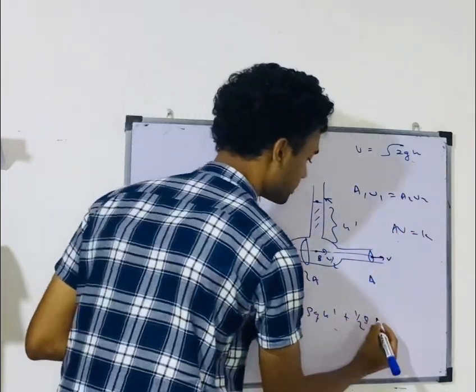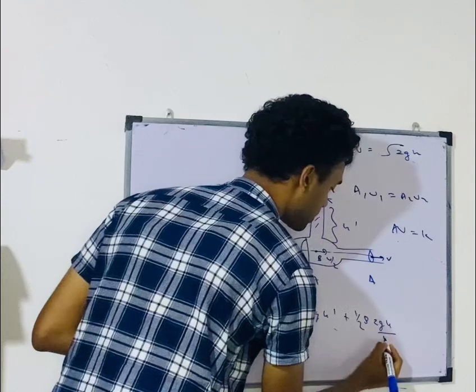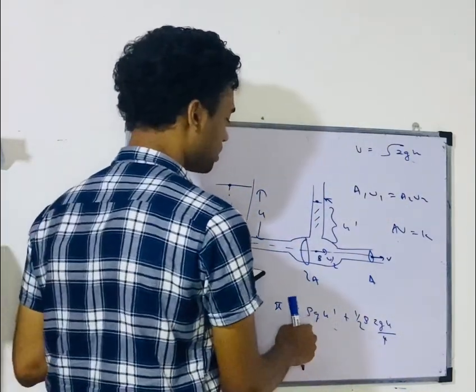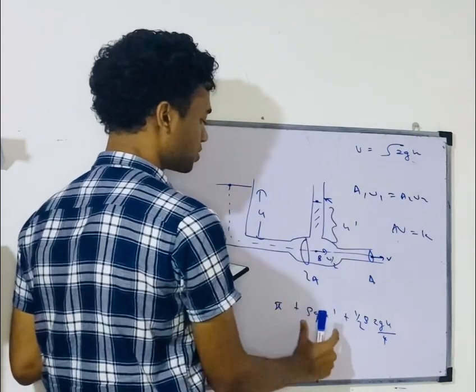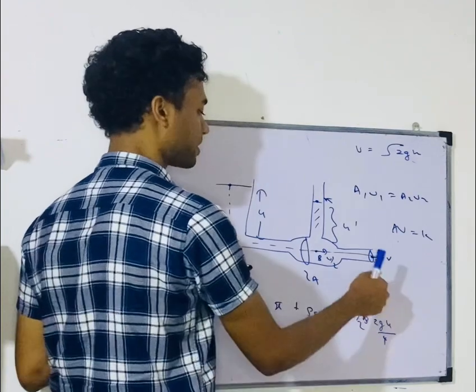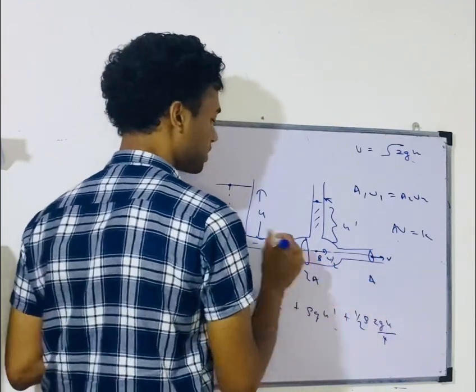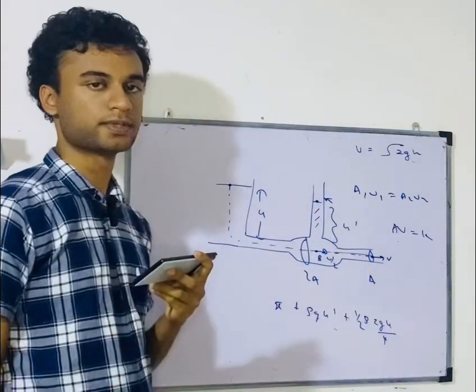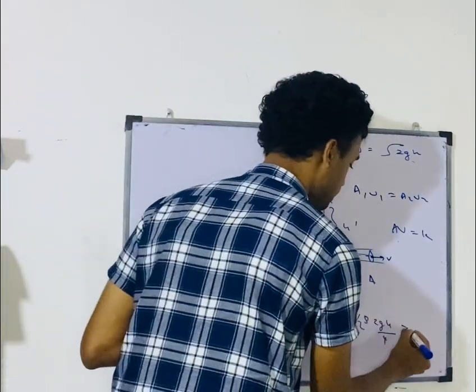Then I can directly write it here, because I'm relating the heights. So rho g h dash plus phi is the pressure at point B, plus the kinetic energy per unit volume. Because I'm considering this horizontal streamline, I don't have the potential energy terms.